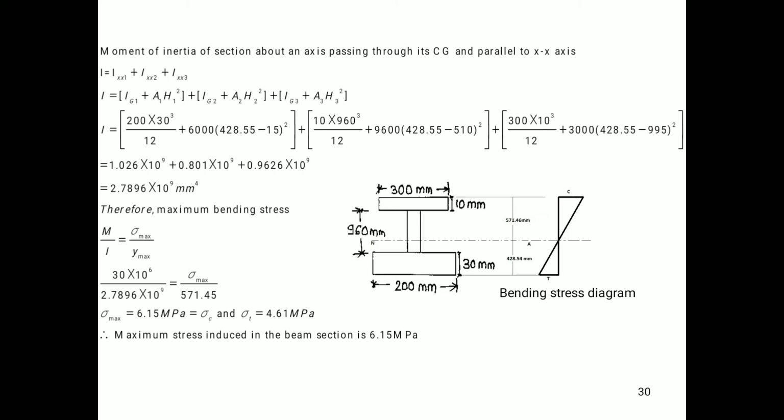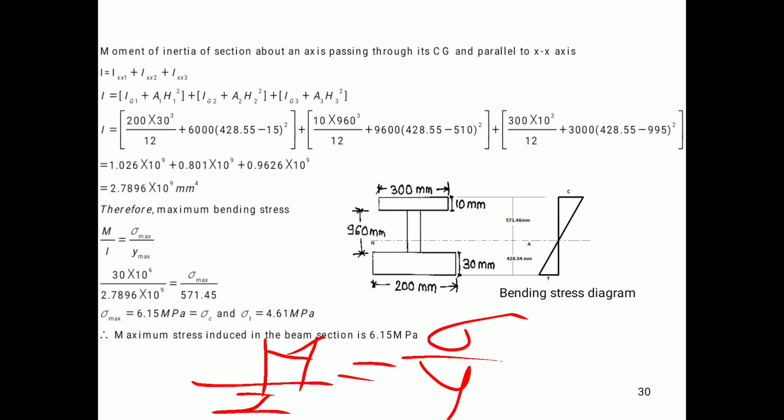Once you know the value of moment of inertia, and once you have calculated the values of M and y, we have the formula M upon I equal to sigma by y. Therefore, sigma is equal to M upon I into y.